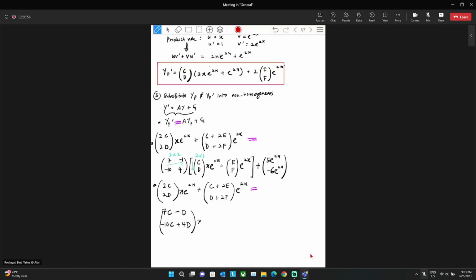x exponential 2x plus, so for F for this part you can combine, so 7 multiply with E plus -1 multiply with F, so 7E minus F, and then plus 5.